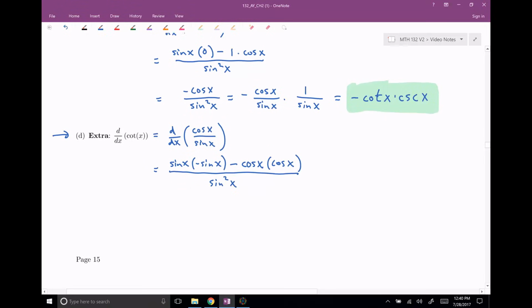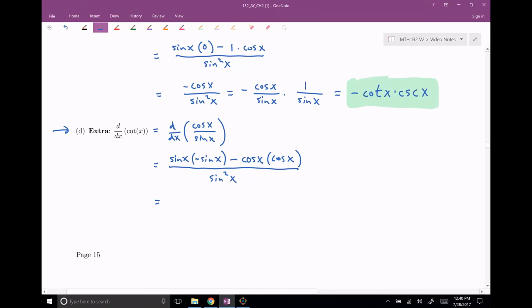Okay, let's go ahead and rewrite this. Notice that both of the terms in the numerator have a negative sign, so I'm going to factor out that negative sign. When I do that, this first one becomes sine squared and the second one becomes cosine squared.